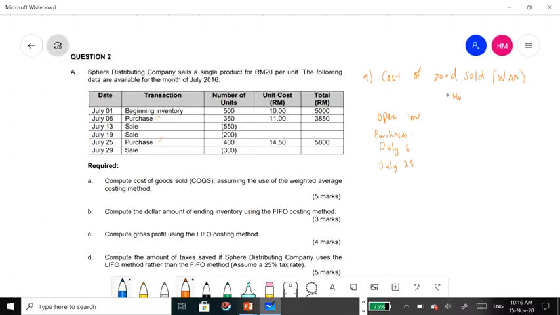So this is going to be your unit and RM. Okay. So opening stock you, beginning stock you ada 500. And then you purchase 350. July 25, 400. So with RM of 14,000, 14 ringgit 50 cent, 11 ringgit and 10 ringgit. So you all total up kan.